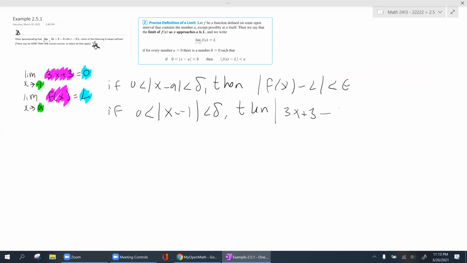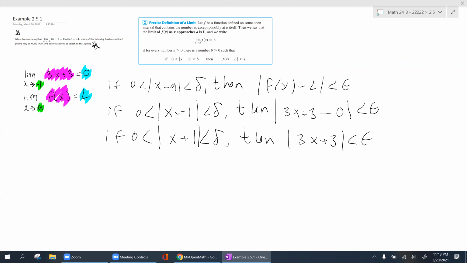My limit is 0. It's less than epsilon. Now let's polish things up one more time, in other words, simplify. So this is going to be the absolute value of x plus 1 less than delta, then the absolute value of 3x plus 3 is less than epsilon. So that's what I have.